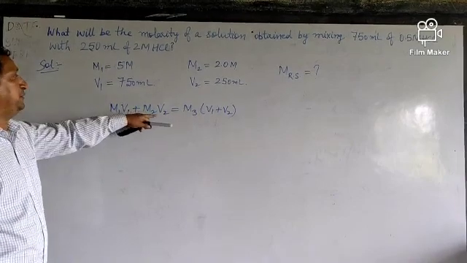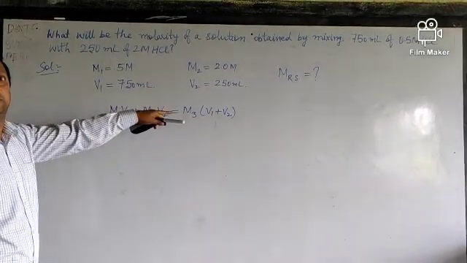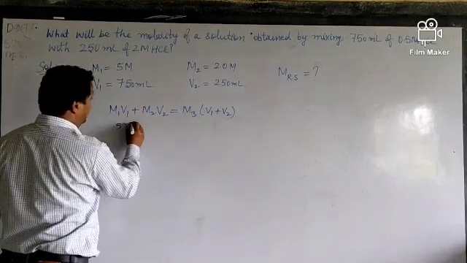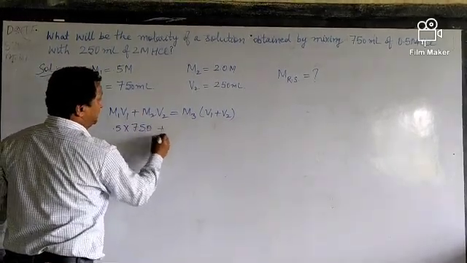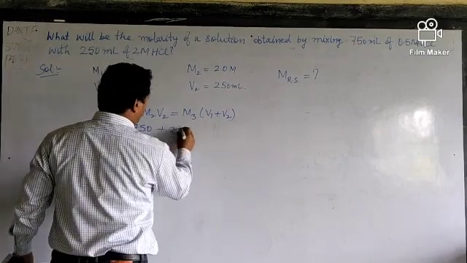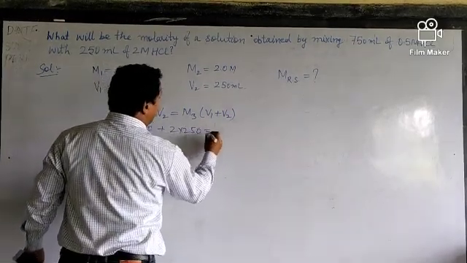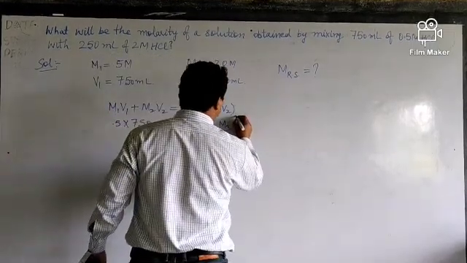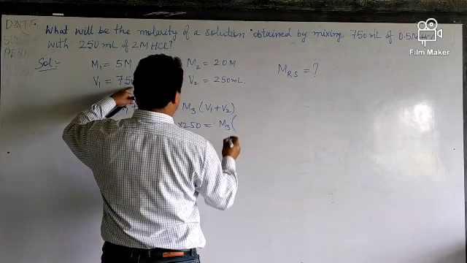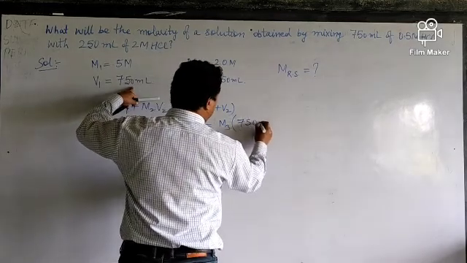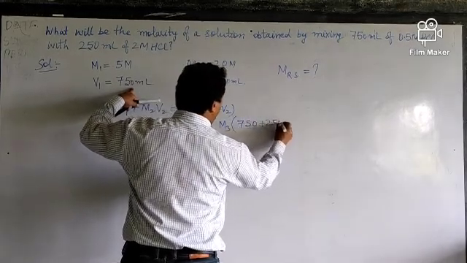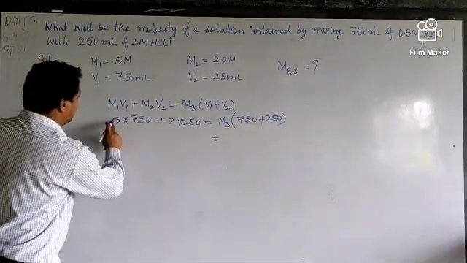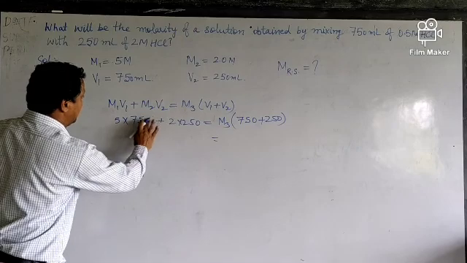So 0.5 into 750 plus 2 into 250 equals M3, that is the resultant solution's molarity. V1 is 750, V2 is 250. So how much will it become? Multiplied, this will cancel with this.